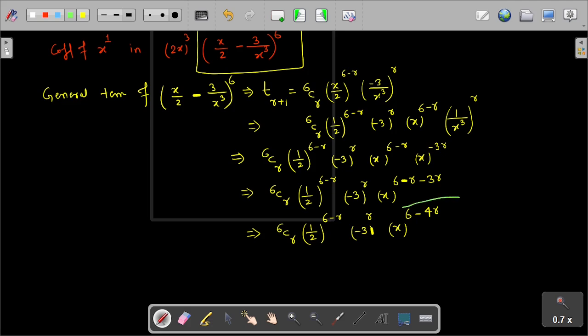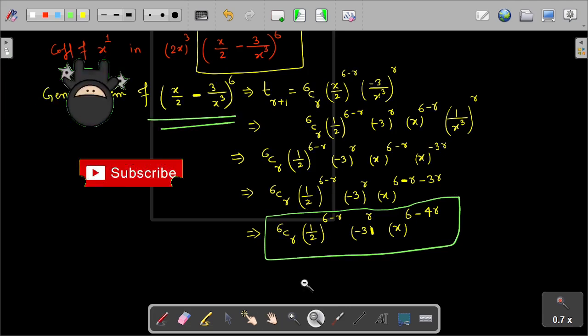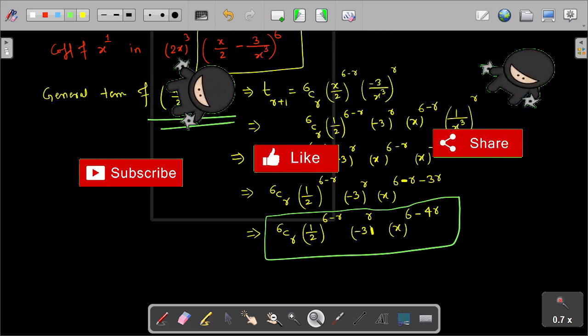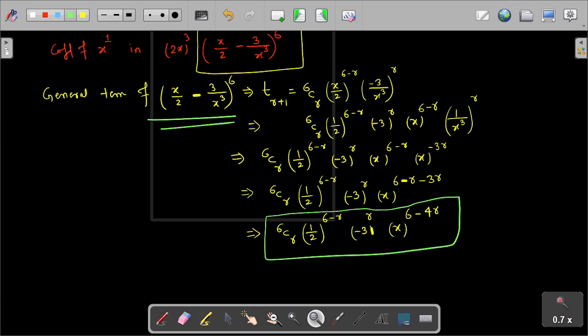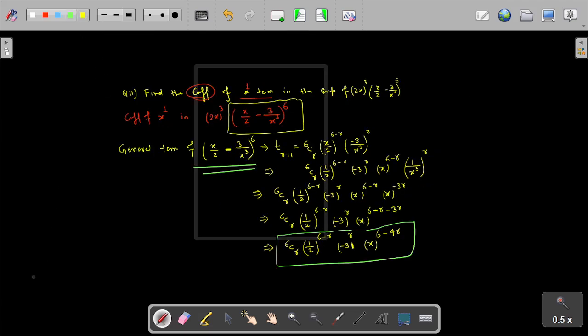So this is the general expression for this term only. Now I am going to write the general term for the complete given expression. See, your given expression has this 2x^3 as a multiplication, so this will get multiplied in each and every term, isn't it?